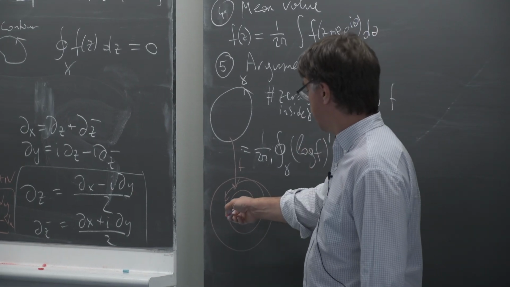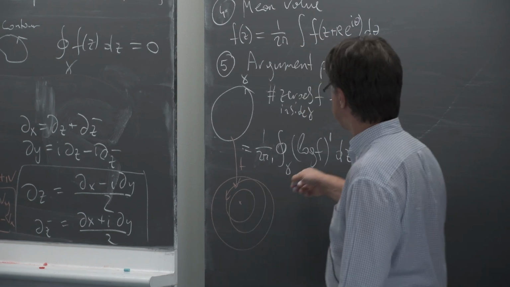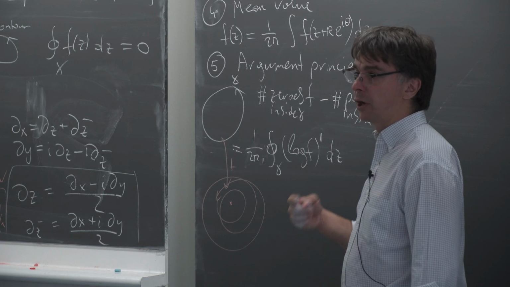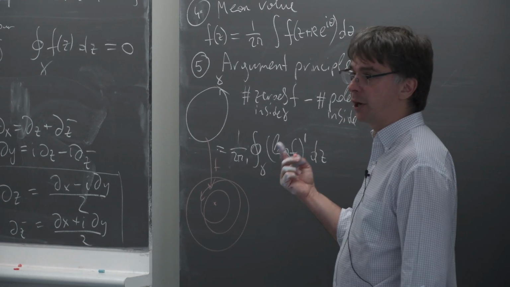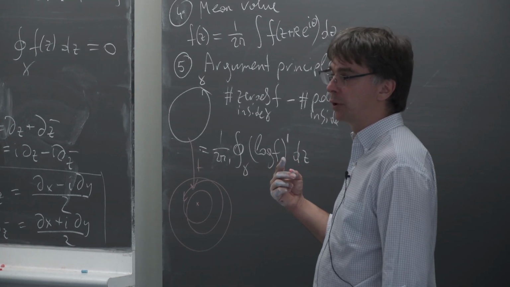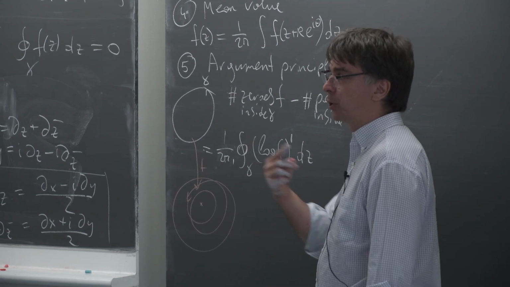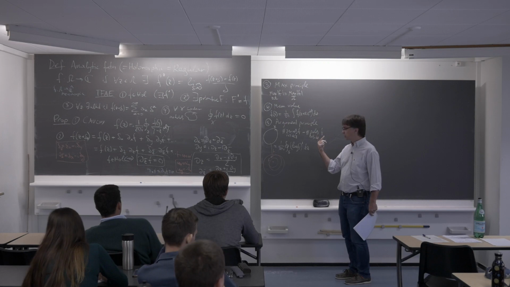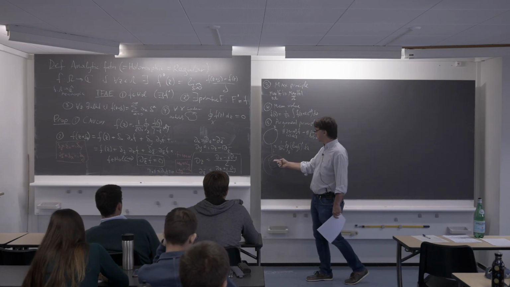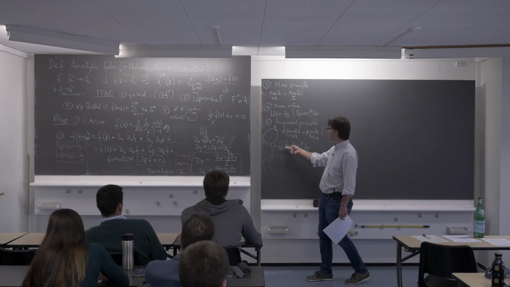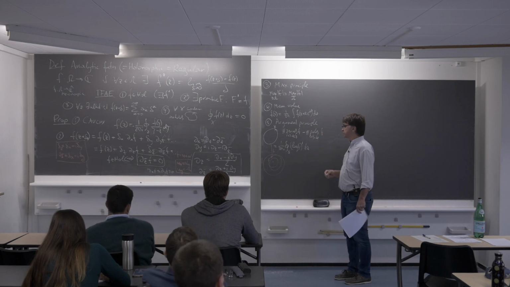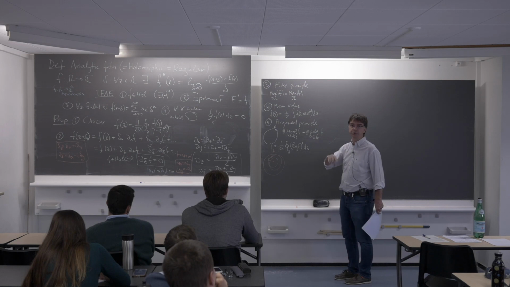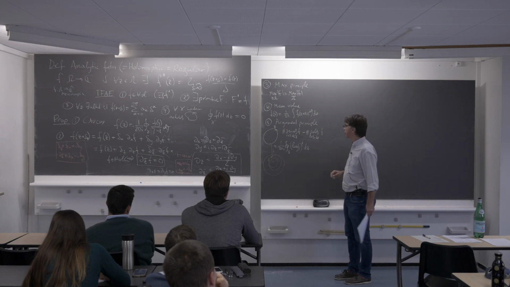In terms of the logarithm, its real part is single valued, but its imaginary part, when you go around 0, increases by 2 pi i. So you divide by 2 pi i, and you get the number of zeros. If your function can also have poles, then each pole will contribute minus 1. It's like 0 upside down.